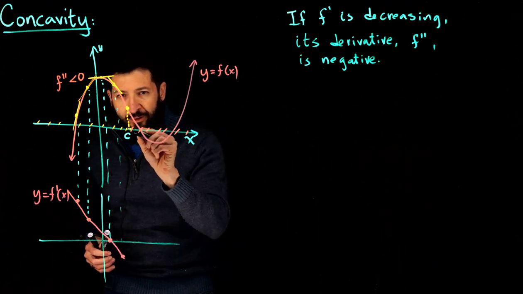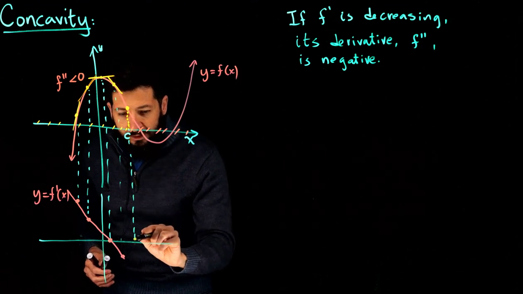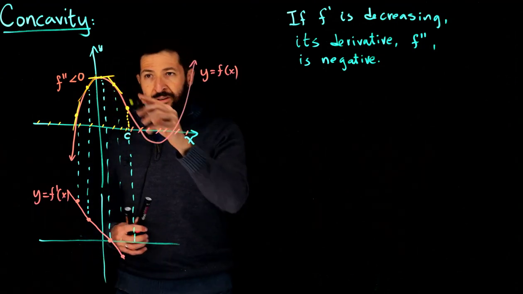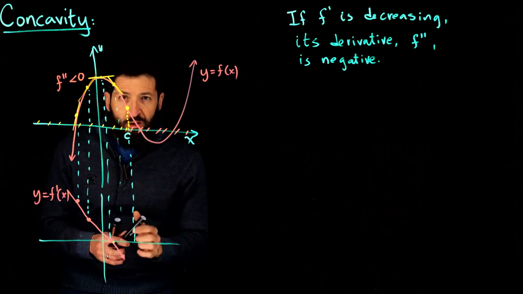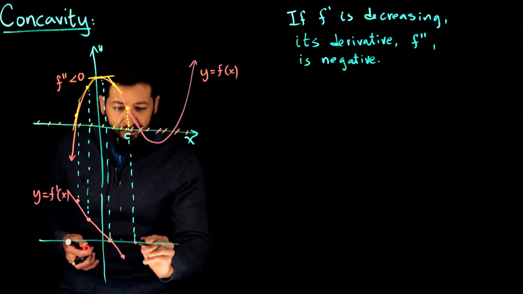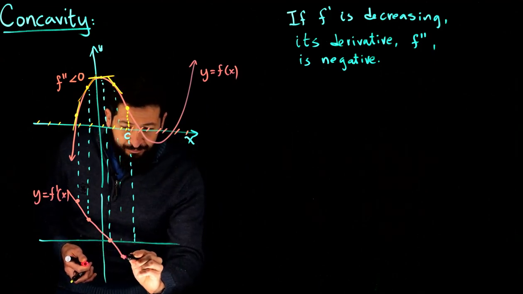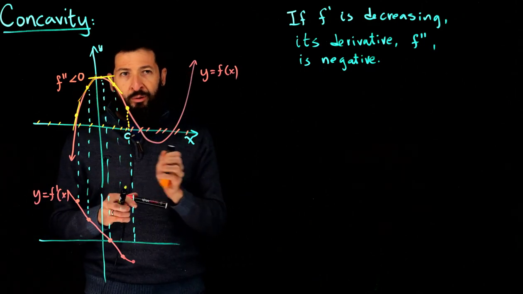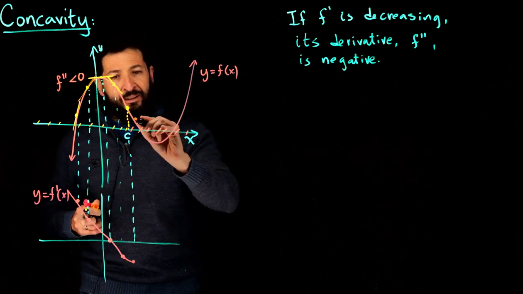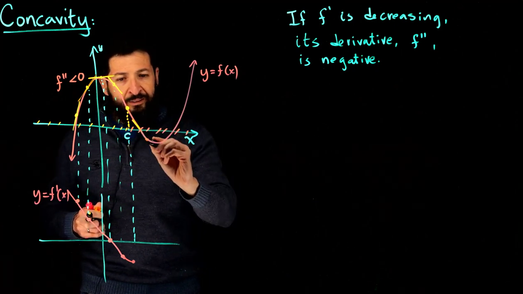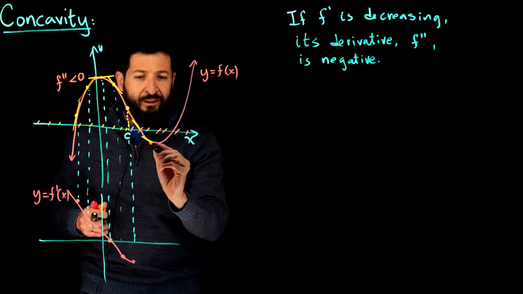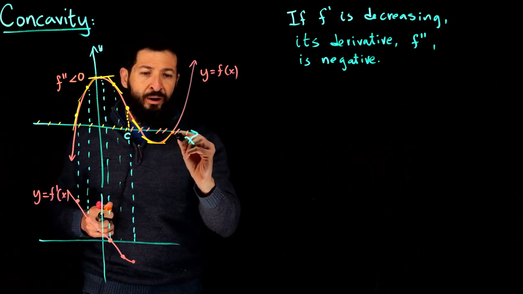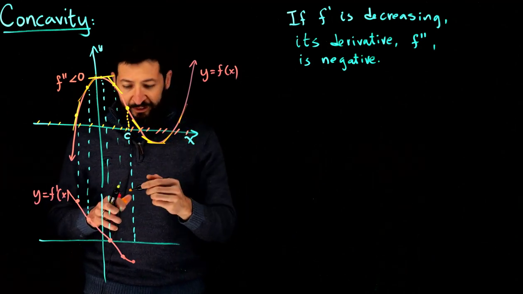Now let's move on to this point that I put somewhere here. And let's see what happens to the derivative of this function again. So at this point, nothing special, it's still negative, somewhere here, let's say. But what's going to happen to your derivative is that it's going to start going from negative, to slightly less negative, to 0, to positive, even more positive.